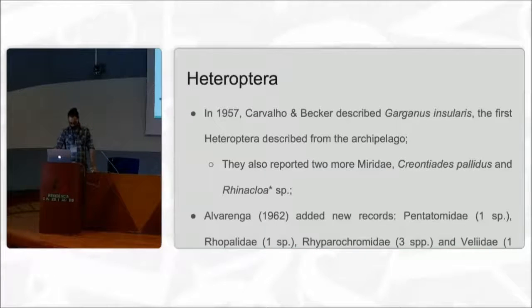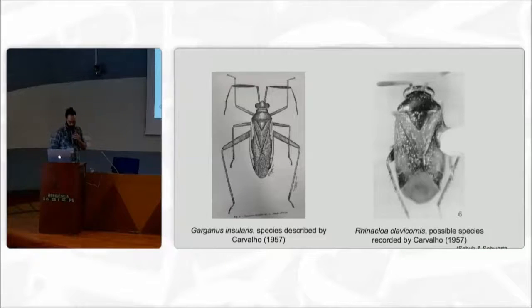And then Alvarenga in 1962 added a new record: 1 pentatomid, 1 lygaeid, 3 reduviids, and 1 veliid. This is the species described by Carvalho, and this is the possible species that he collected there, Hyalochloa. He also mentioned that it possibly was this species, but with just one specimen, he couldn't tell.